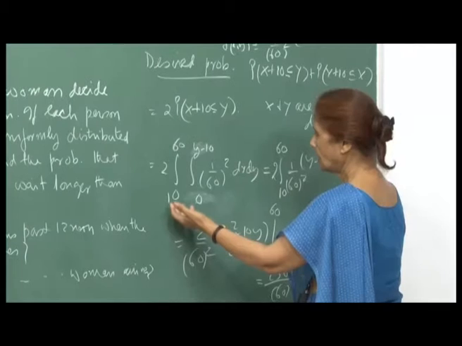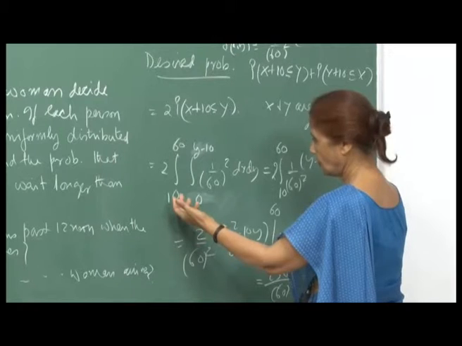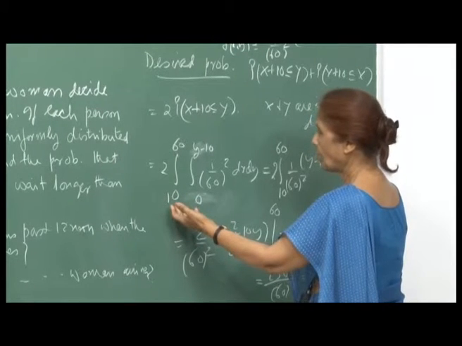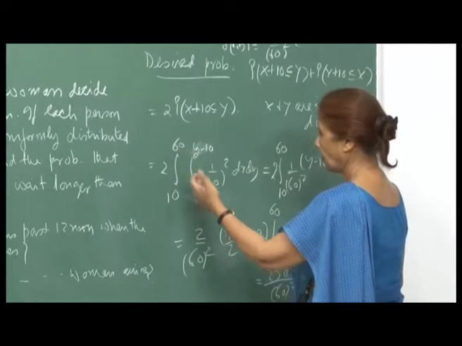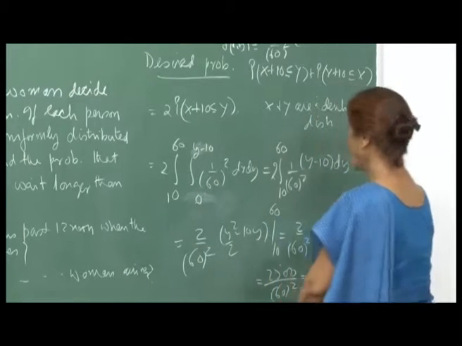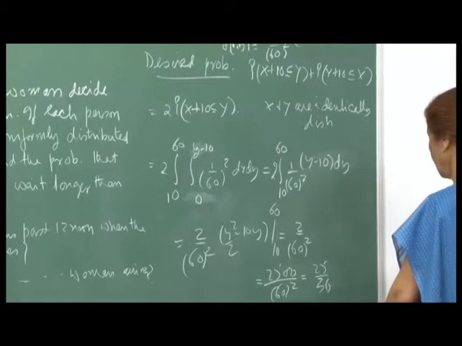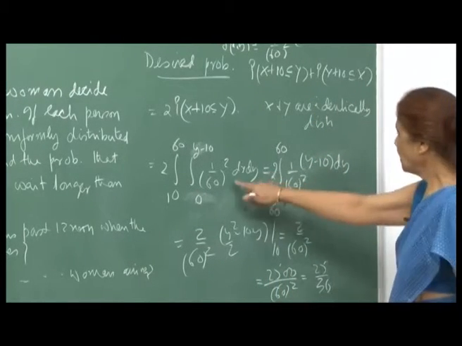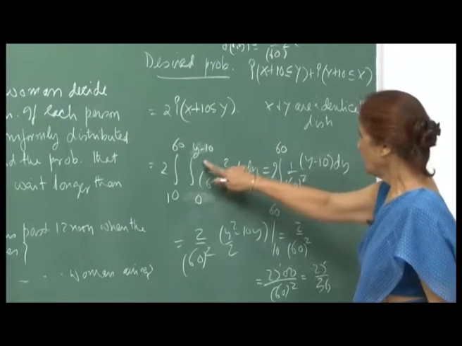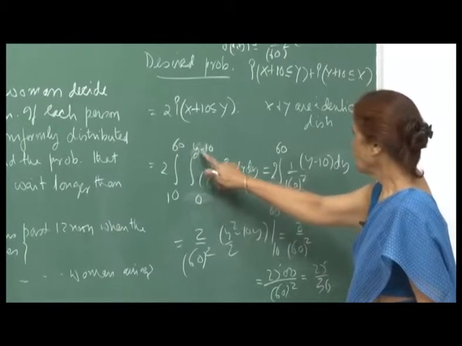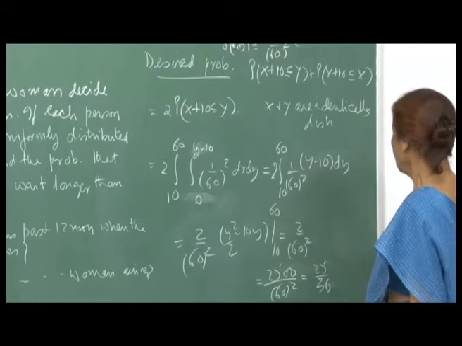So, here the limits for y for the woman's arrival time would have to be from 10 to 60, and this is from 0 to y minus 10. Yes, okay. So, therefore, you integrate with respect to x, and so it is simply x. So, y minus 10, right.